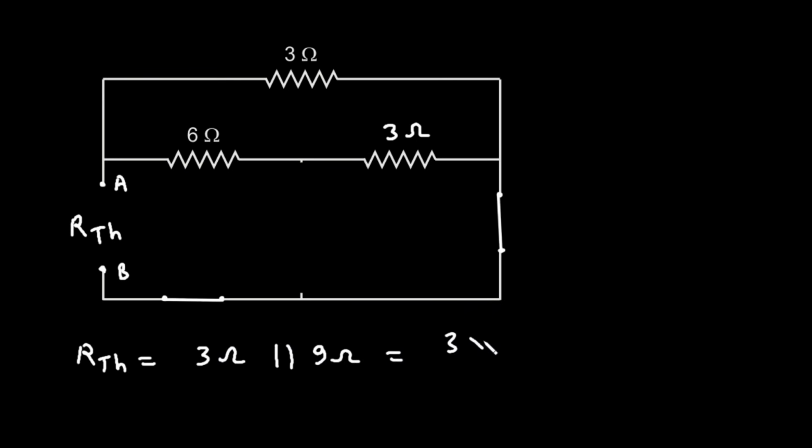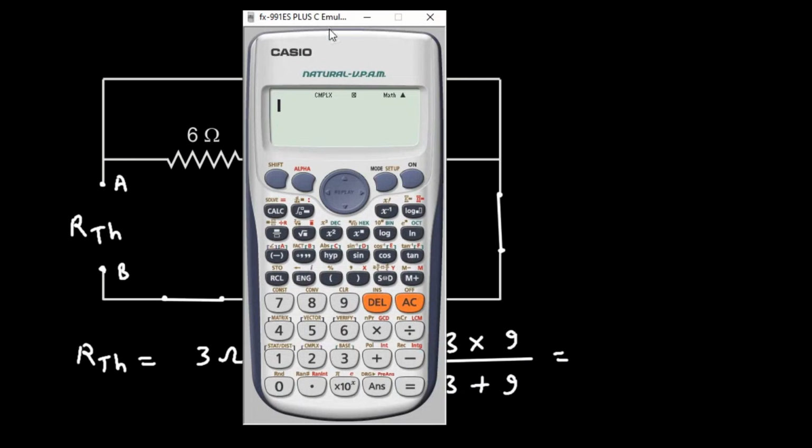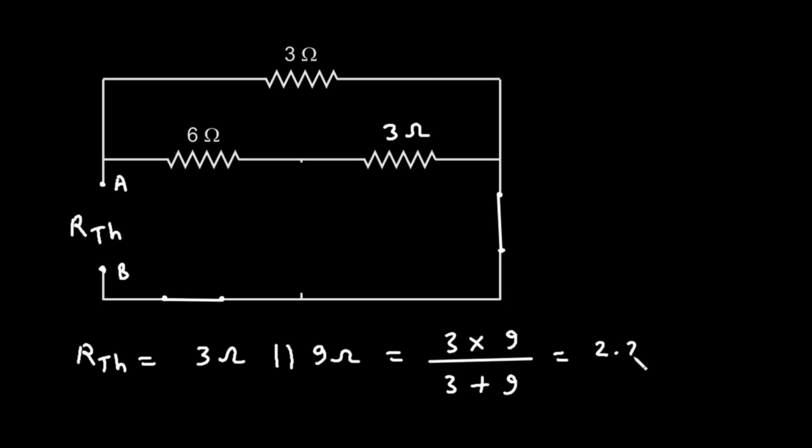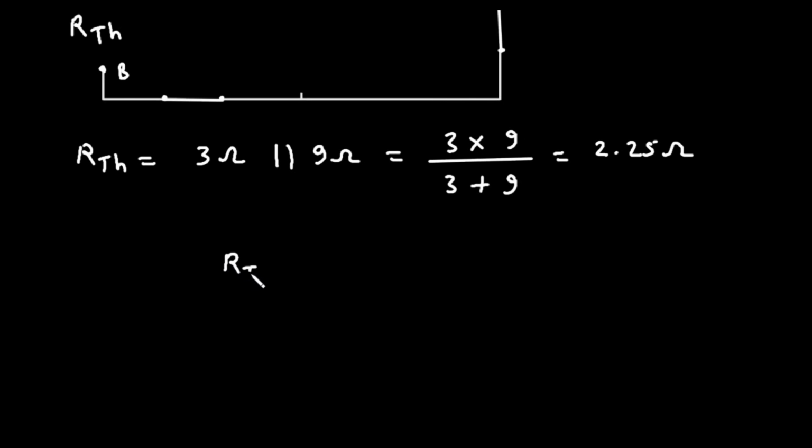So it will be 3 into 9 divided by 3 plus 9. If we solve this, it is 2.25 ohm, which is the value of RTH. So RTH is equal to 2.25 ohm.